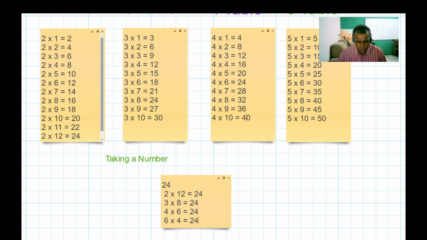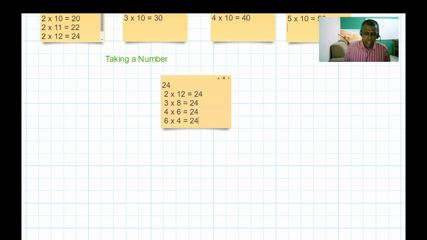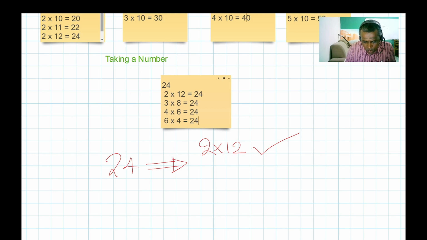Now I will write something down here. 24 is the number I am going to make. I can find this 24 in many tables. 2 times 12. Also we got 3 times 8. 4 times 6. 6 times 4.